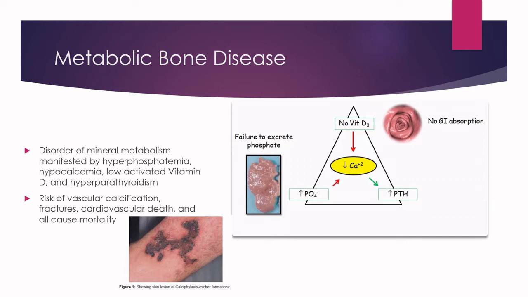Low activated vitamin D also reduces the amount of calcium absorbed from the gut. These are all stimuli for PTH, which causes hyperparathyroidism and causes resorption of calcium and phosphate from the bone. This results in risk of vascular calcification from the precipitation of calcium phosphate products, fractures from resorption of calcium and phosphate from the bone, and cardiovascular death and all-cause mortality.